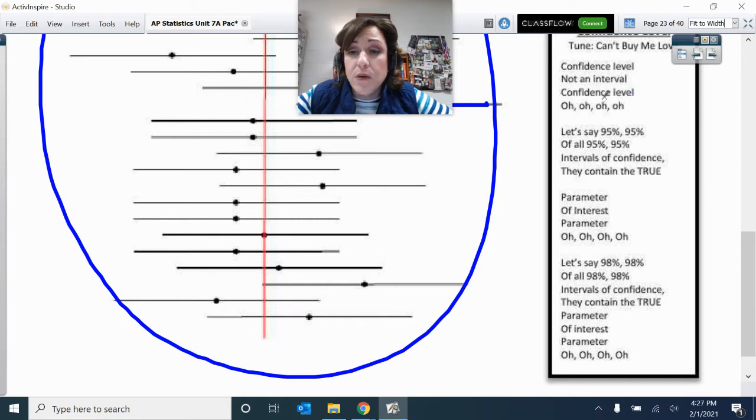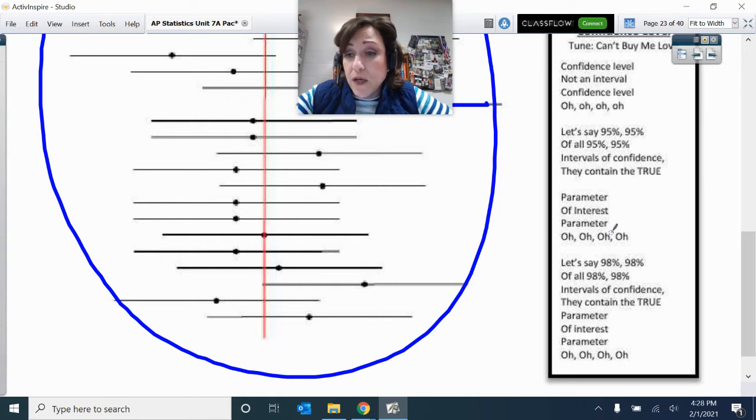Confidence level. Let's say 95%. Of all 95% intervals of confidence, they contain the true parameter. That's your proportion or your mean, the parameter of interest.